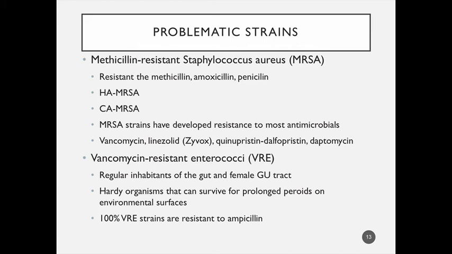These enterococci are super hardy organisms, and they can hang around for a pretty long time on environmental surfaces. So the healthcare workers really need to be aware of this. This is where very good prevention techniques come in. Because they can be spread like wildfire through the hospital setting.